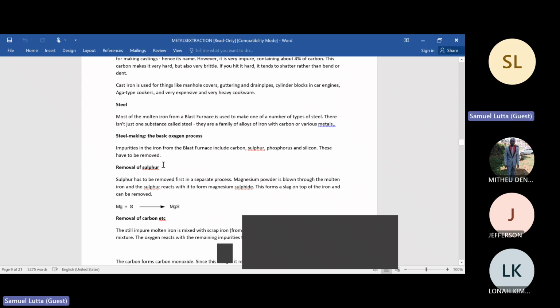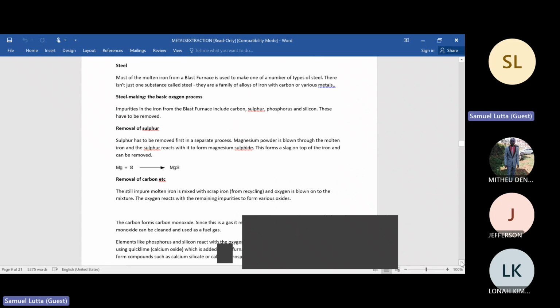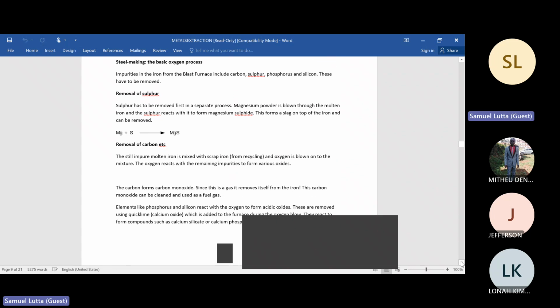So how do we remove sulfur from the product? Sulfur is removed by reacting the product with magnesium. Magnesium will pick up the sulfur to form magnesium sulfide. And then the other impurities can still be removed if it is still impure.